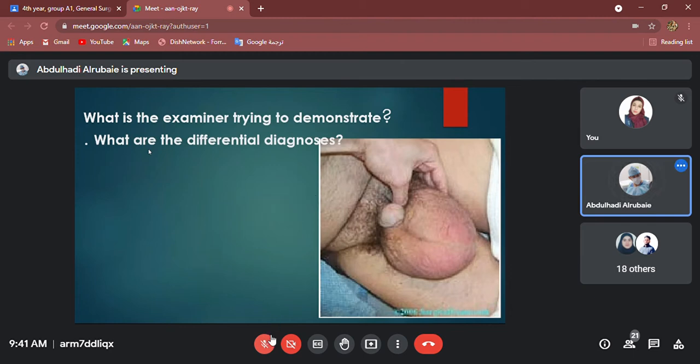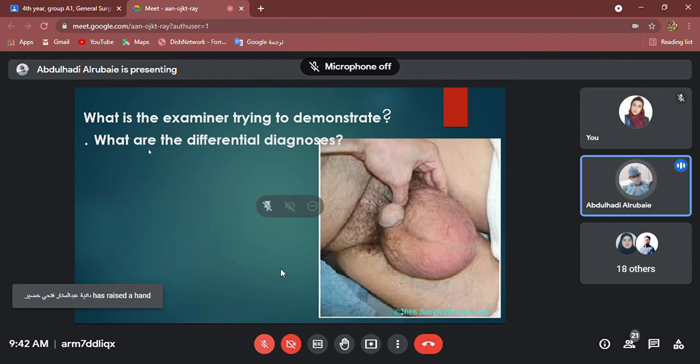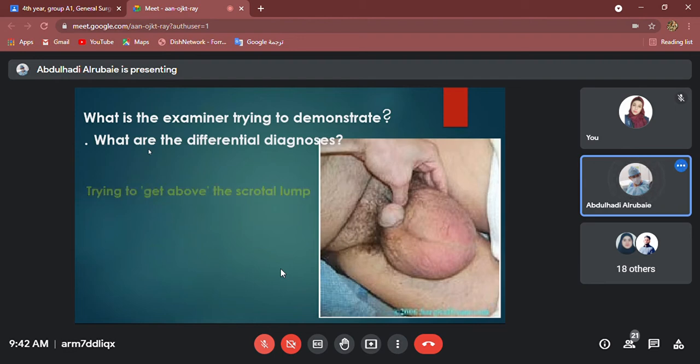Right? Good. What are the differential diagnoses? Scrotal hernia. Exactly. Here, whether the patient could get above it or not. He is trying to get above the scrotal lump.